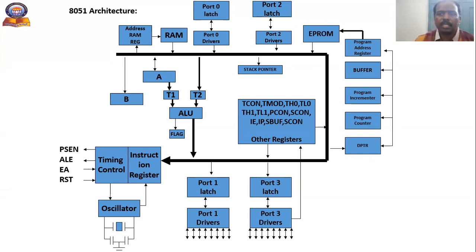Apart from these, there are different special function registers available in the architecture. When the programmer is interested in operating timers, there are timer registers like TCON and TMOD, that is timer control register and timer mode register. When the programmer is performing timer related operations, he will make use of these special function registers to program the timer.